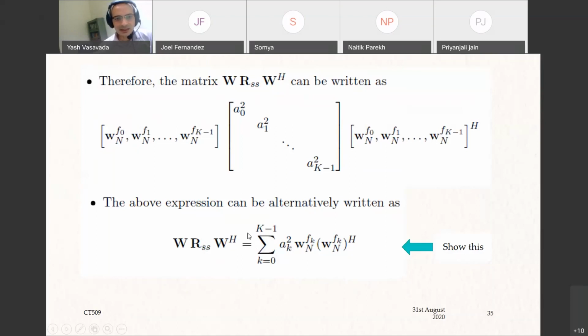It applies any time when you take some matrix and multiply it with the complex Hermitian conjugate of that matrix, you are actually adding this type of column by column matrices for all of the capital K columns. So this is a general statement that applies to all matrices, not only for this particular expression.